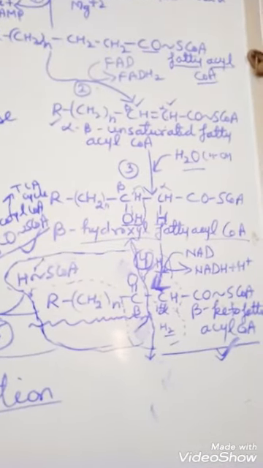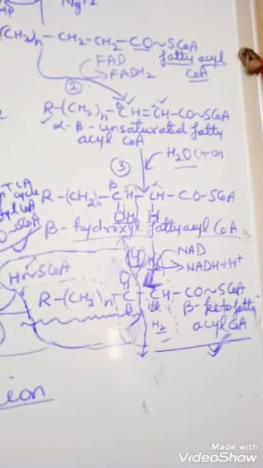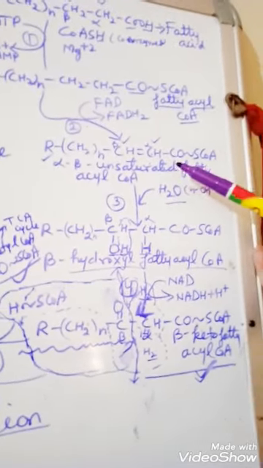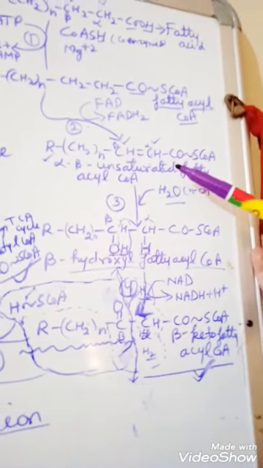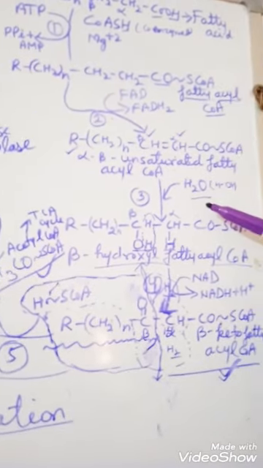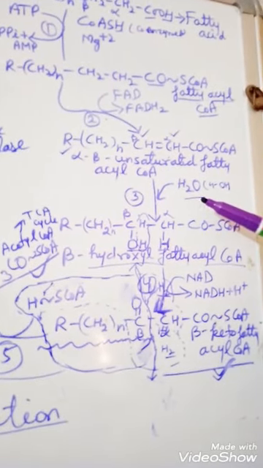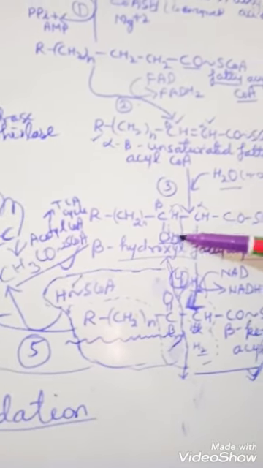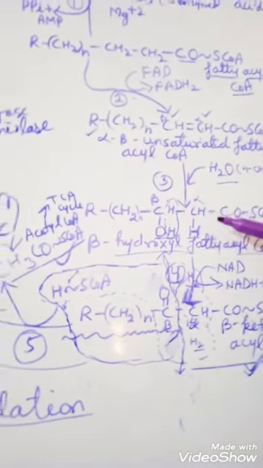in the next step, the alpha beta unsaturated fatty acyl coenzyme A is hydrated in the presence of the enzyme enoyl hydrase, by attaching a hydroxyl to the beta carbon and a hydrogen at the alpha carbon.